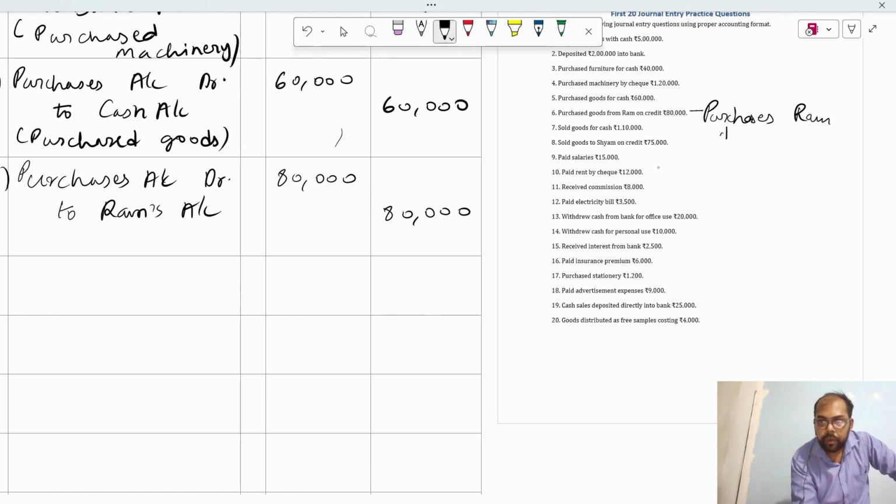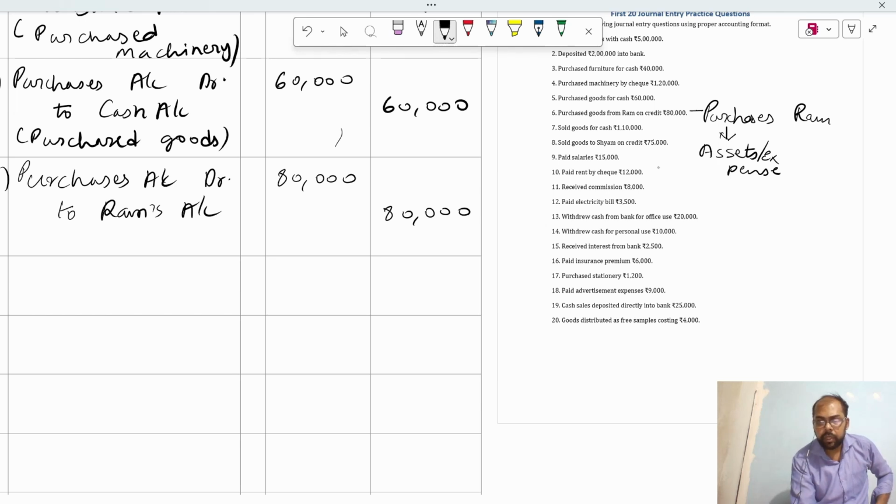Purchases you can say is either an asset because goods are there, or an expense. So purchases can be seen as an asset as well as an expense. Either way, you will make the right entry.